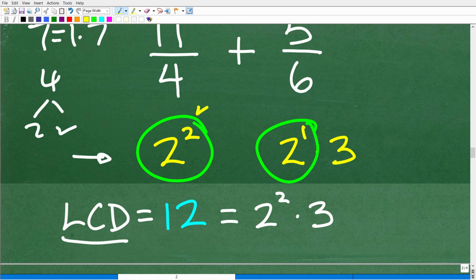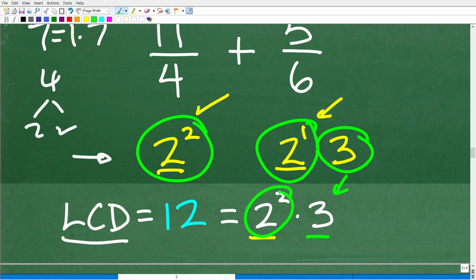No, you only take the highest power of the factor. So 2 is a factor here, 2 is a factor here. This is 2 to the first, this is 2 squared, so we need 2 squared. And we also have another prime factor, 3, that needs to be represented in our LCD. So 2 squared times 3 is what? Well, 2 squared is 4, times 3 is 12. Okay, so there is the LCD of 12.